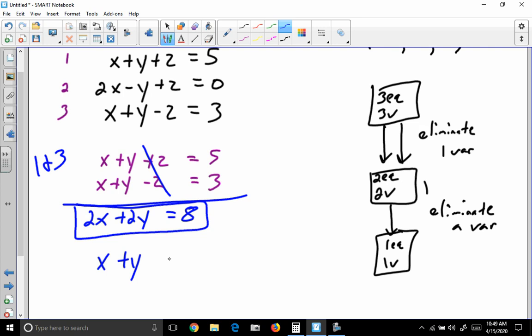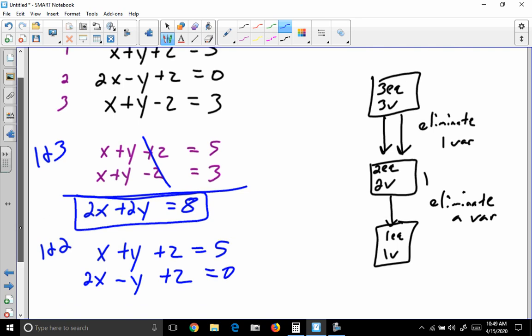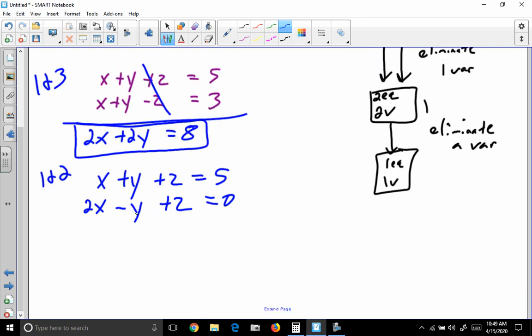Let's take equation 1 and 2 this time to eliminate z. So x plus y plus z is 5. 2x minus y plus z is 0. Now if we just add them together right now, we cancel the y's. But we don't want to end up with x and z. We want to end up with x and y because we need 2 equations that have the same 2 variables.